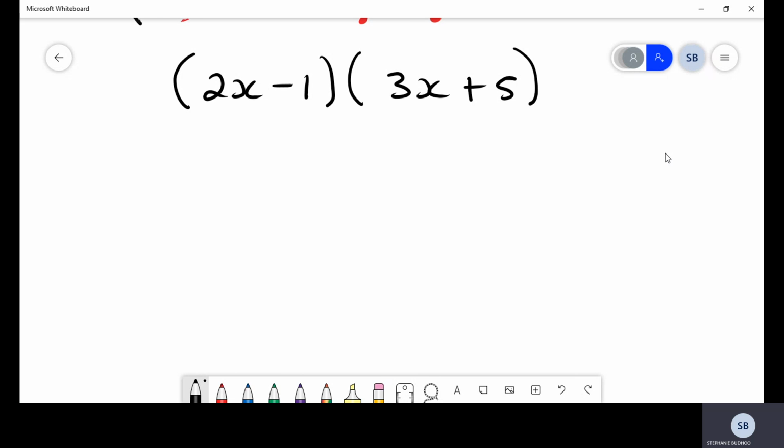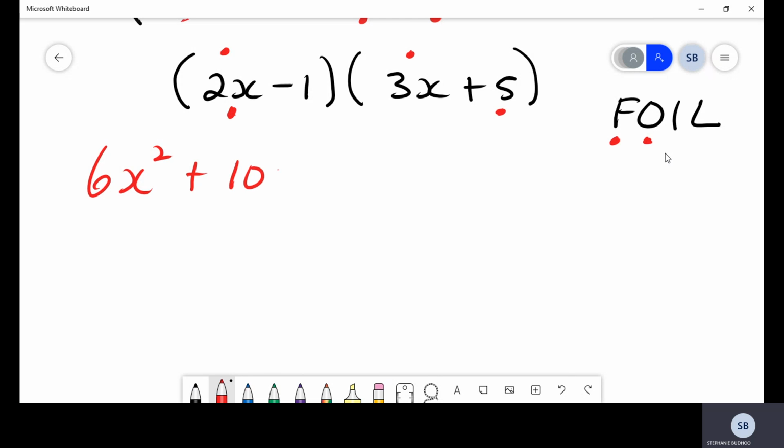Well, using FOIL, let's see what we have. We have our first terms to multiply, which are 2x by 3x. That's going to give us 6x squared. Then we have our outer terms, the extreme outers, 2x by 5. That's going to give us plus 10x.